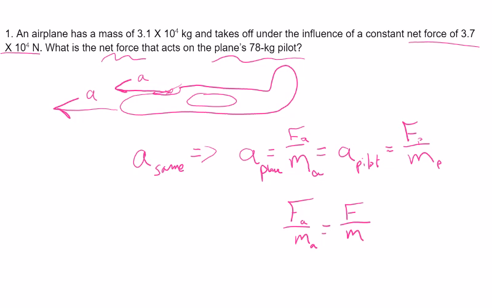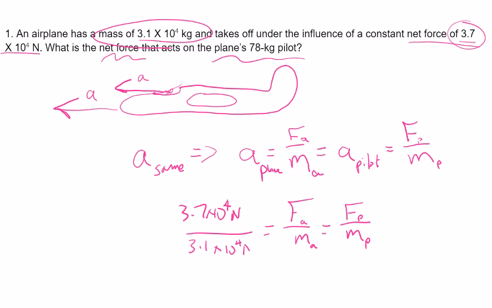and masses. So I know that the force on the plane is this number, this 3.7, so that could go in here. 3.7 times 10 to the fourth newtons. And the mass of the airplane is the 3.1 times 10 to the fourth kilograms.